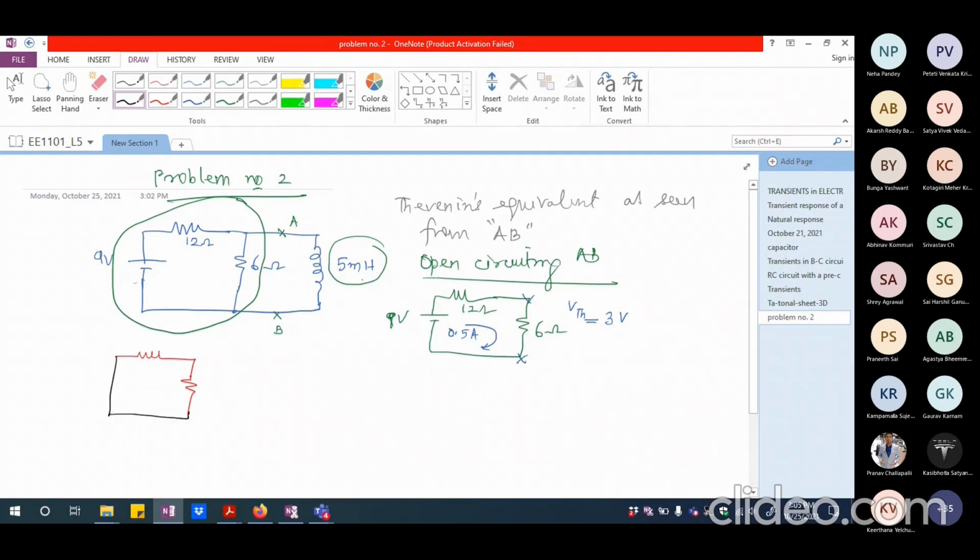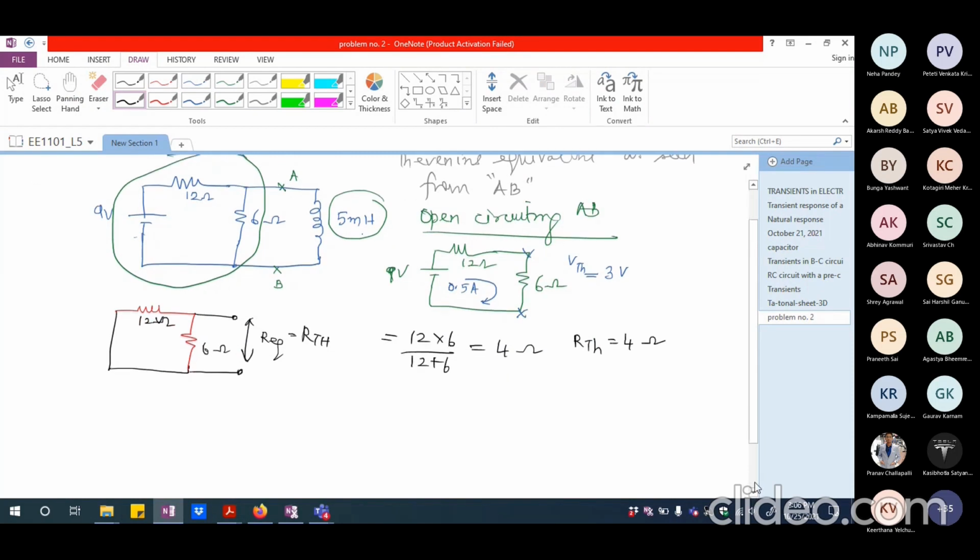If there are no dependent sources, I can simply have 12 ohms here and 6 ohms here, and I want to know what is the equivalent resistance across this. This is going to be RTH. So RTH is 12 multiplied by 6 divided by 12 plus 6. Right? So that is going to be 4 ohms. So my RTH in this particular case is going to be 4 ohm.